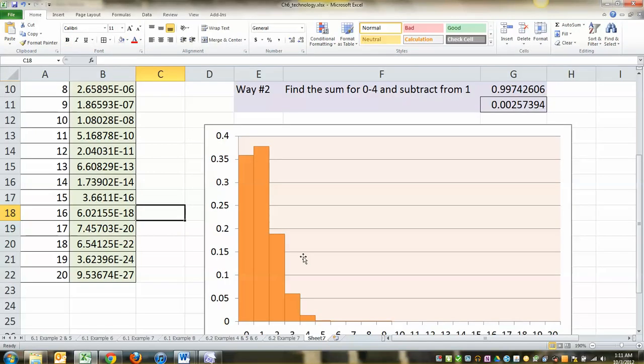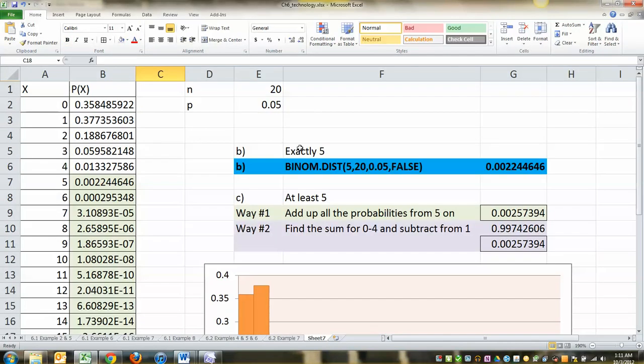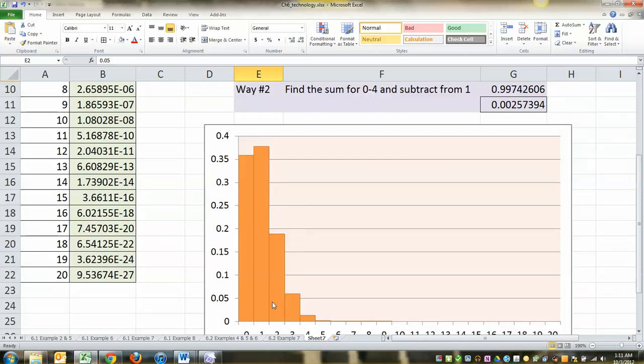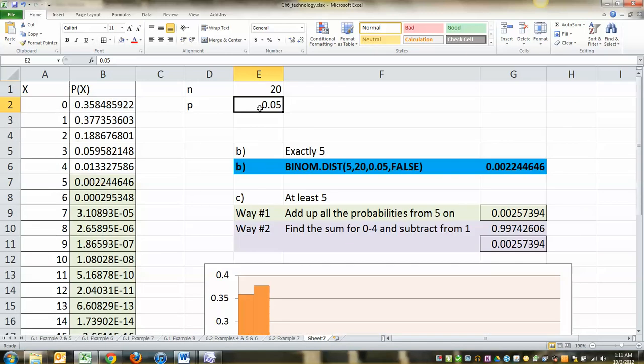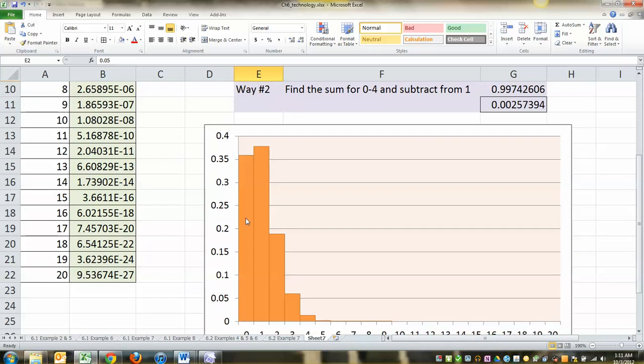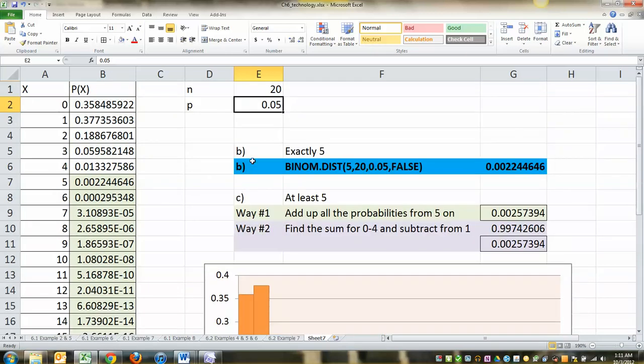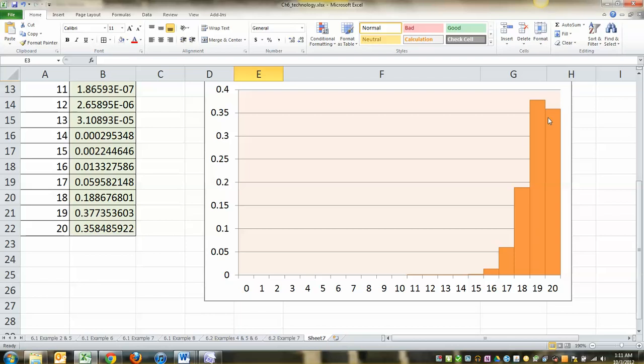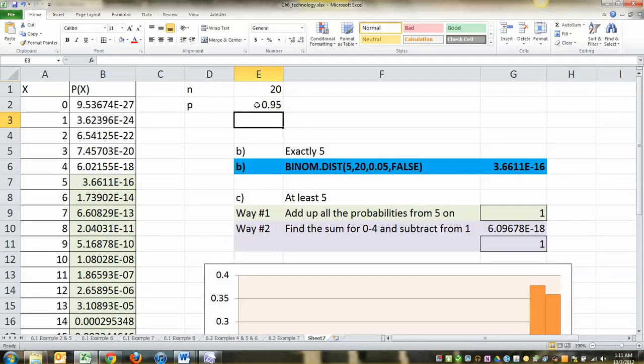If we look at the one we did in here, our chance of success was only 0.05. Look how tiny that is. And that's why the lump of it is over here on the low end, because that's a low probability of success. If it was 0.95, it would hop over to the right and the lump would be over here on the right. But it wasn't.